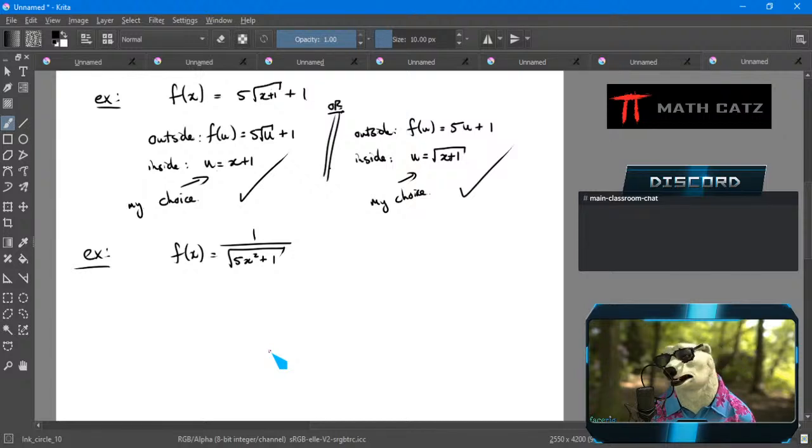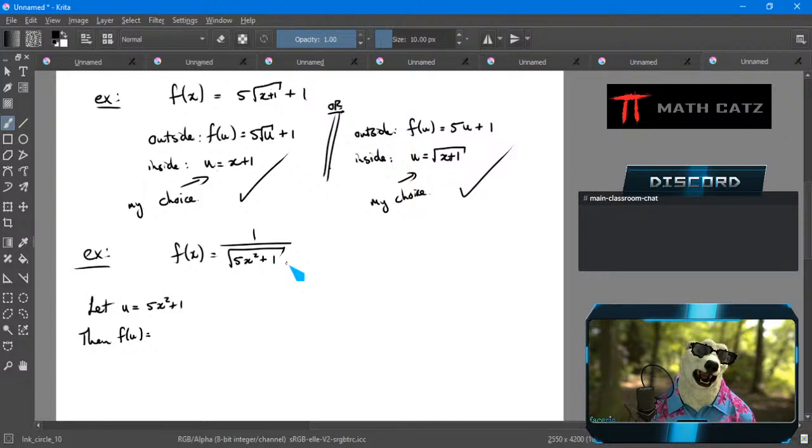And then the next thing is, okay, well, how do I want to do this? I'm going to write it in another way. Often we are going to write, because it's a choice, let's say u is 5x squared plus 1. That might be your first choice. Then my outside function has to fit that so that I get the given function, the original, back.